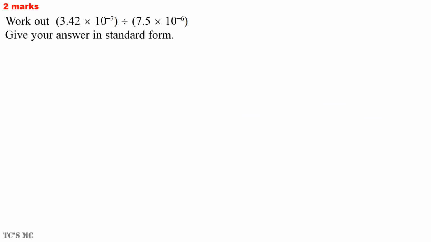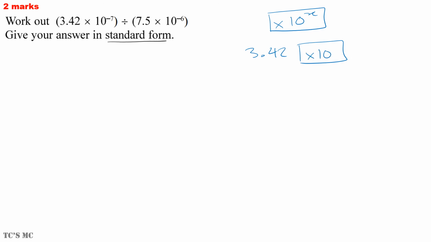Work out the following. Give your answer in standard form. Most calculators have a standard form button. It's usually along the bottom of the calculator. It looks like this. So to type this calculation in, we would type 3.42, then the standard form button, and then -7, not subtract 7.